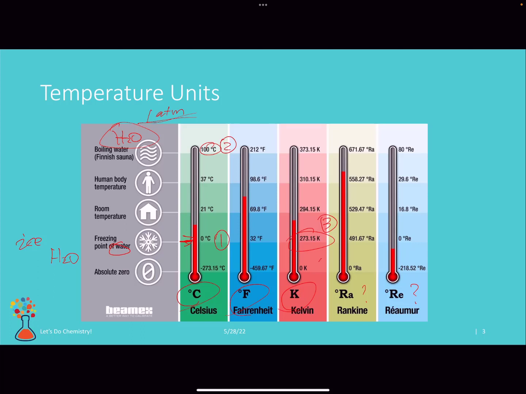The fourth thing is 0 Kelvin, sorry, not 0 degree, 0 Kelvin. This is the absolute temperature, absolute zero.